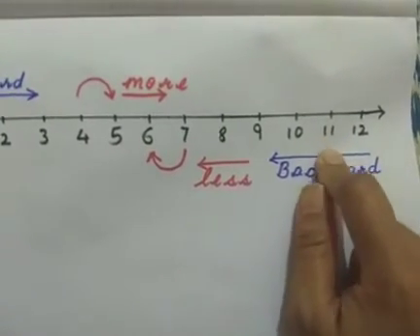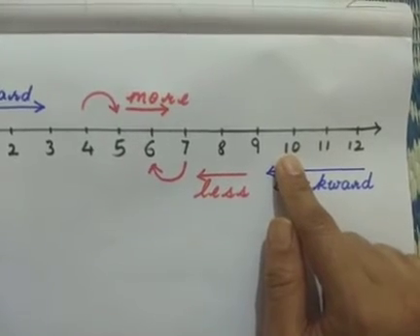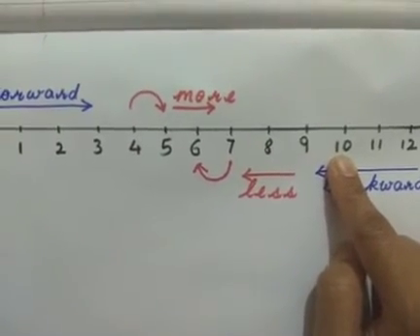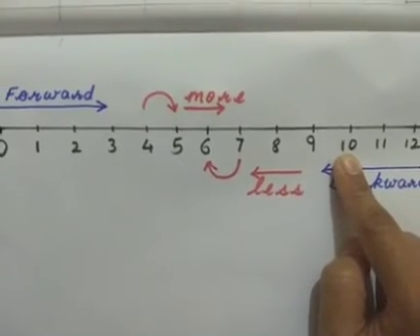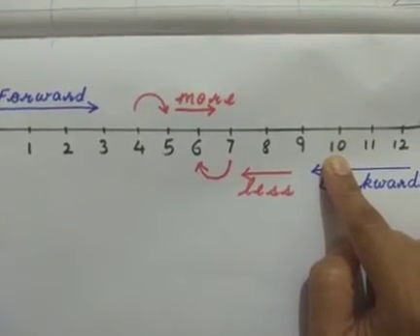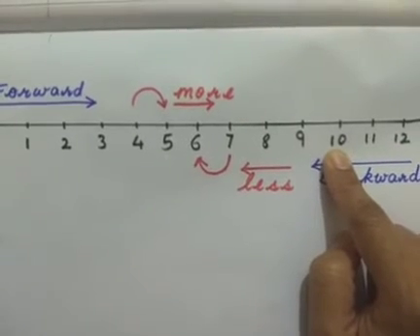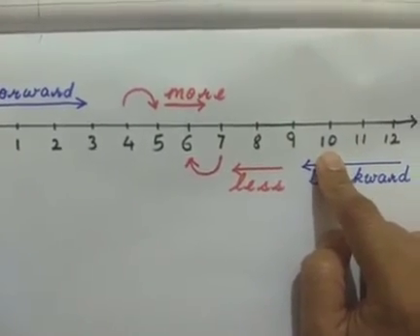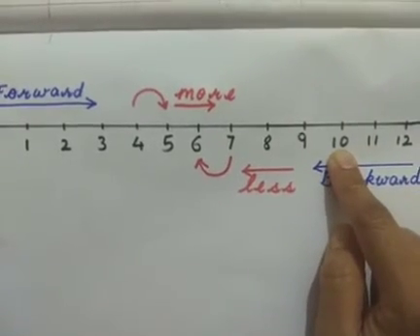Now I take 1 more jump back. Okay? So I reach 10. So now number 10 is smaller than number 11. Am I right? Yes, but how much smaller is it? How much less is it than number 11? How much jump did I take? Just 1. So it is 1 less than 11.